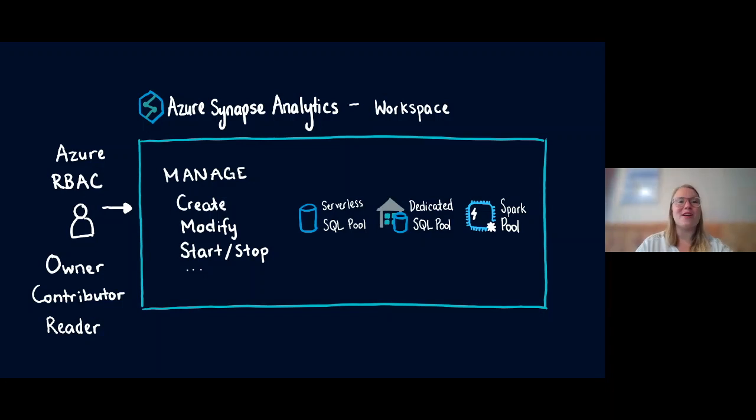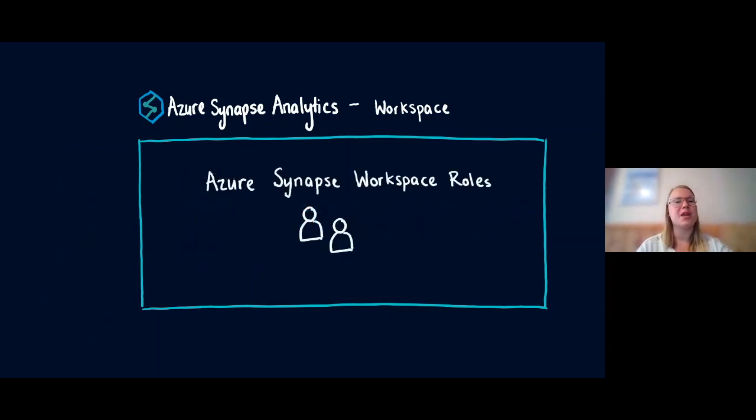Then as we walk inside the Azure Synapse Analytics workspace itself, that is where we have the Azure Synapse Workspace roles. And again, there are currently three main roles. There are some other roles in preview as well, but let's just walk through the three main roles at this point. So we have the Workspace admin, we have the Spark admin, and we have the SQL admin.